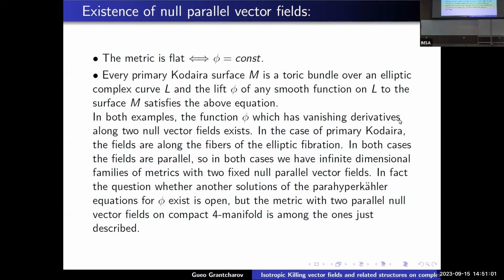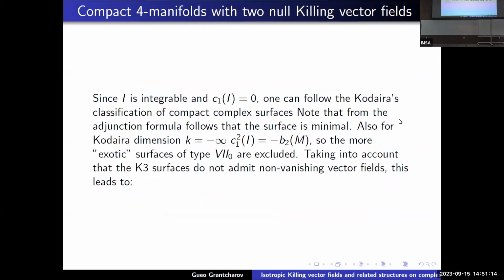Even in the compact case, the set of solutions will be large for this type. And well, one can say a little more about what happens.